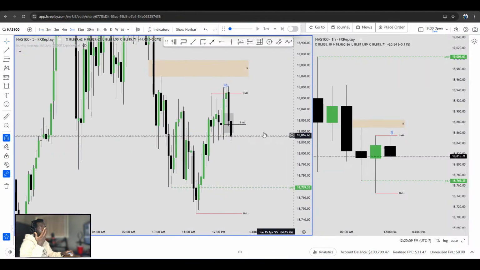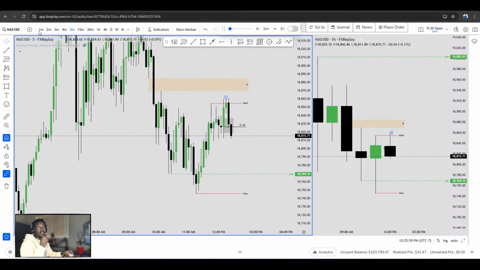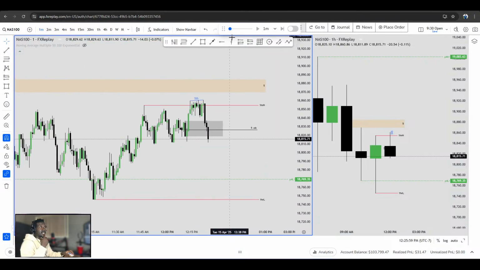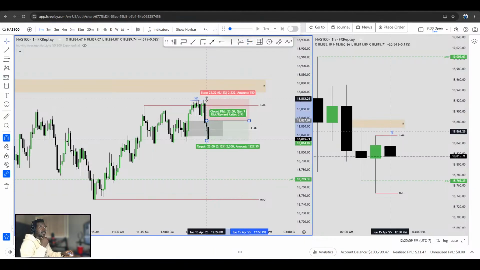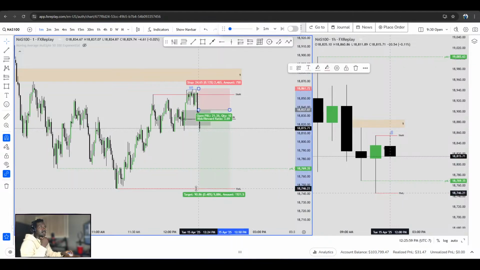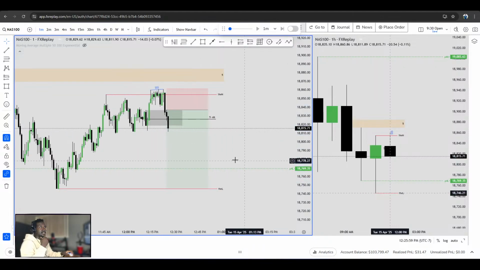In this case, it's just the open price of the last up candle. I need to see a down candle that closes below the open price, and I call that an order block. That's all. So best value for an entry here would be to wait for us to get to this fair value gap, with my stop loss just above those highs, and then we aim for the opposite side.